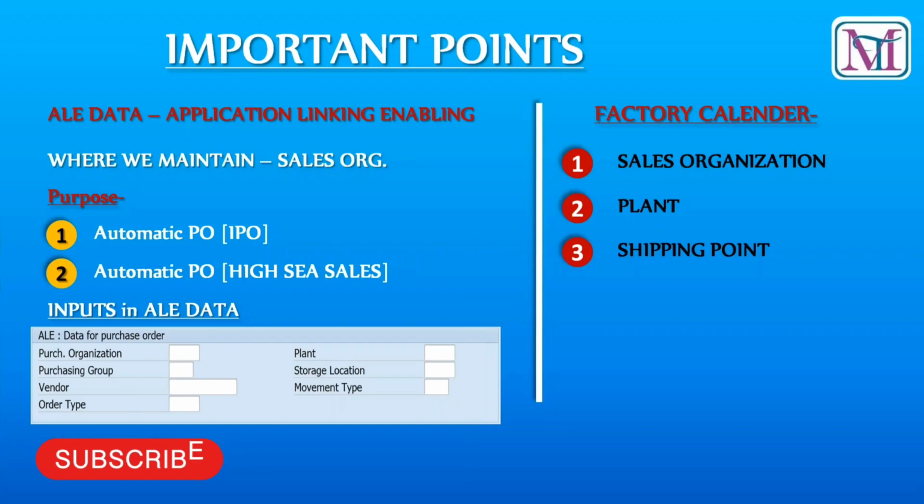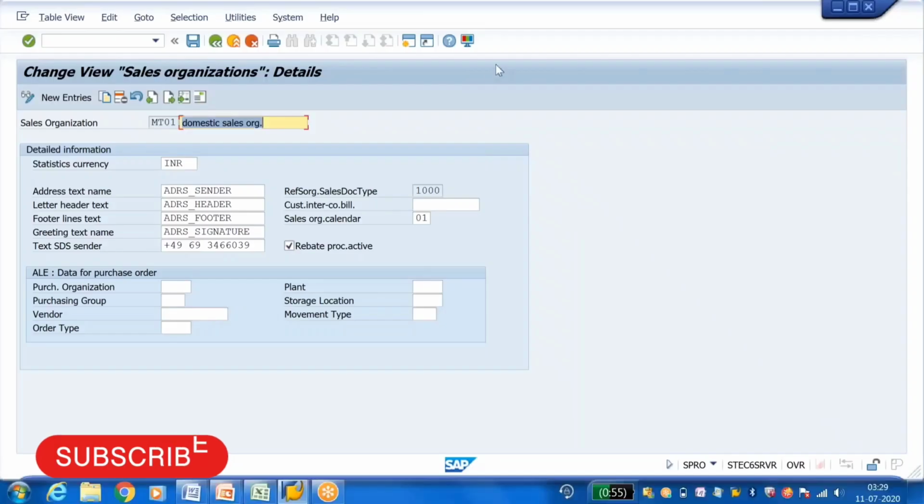Delivery scheduling is a separate concept, so we'll discuss it in future, and I'll let you know exactly the use of the factory calendar, why we maintain it, and what the holiday calendar is. For now, just remember in which organizational units we have the option to maintain the factory calendar. First is the sales organization.